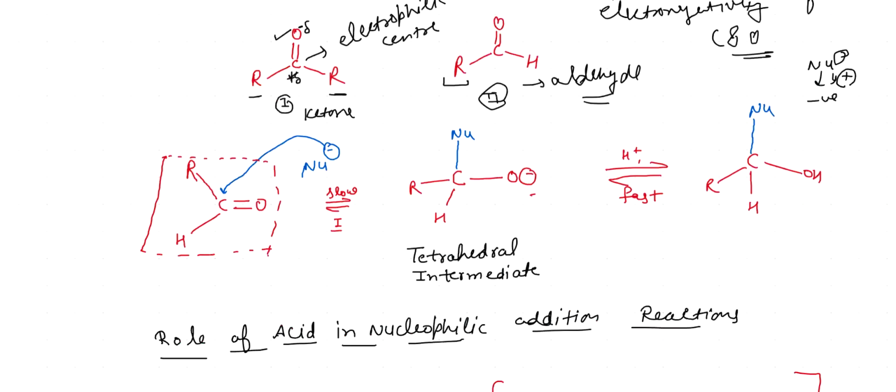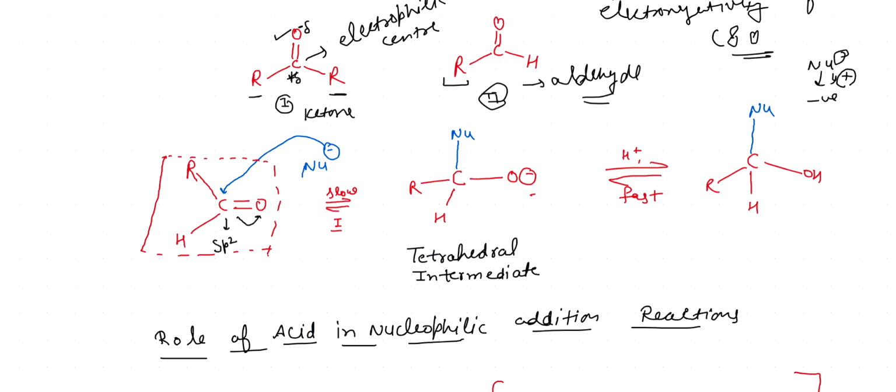When the nucleophile approaches this carbonyl compound, it will be perpendicular to it. Here, the hybridization of carbon is sp2. When the nucleophile attacks this carbon, there will be complete transfer of the pi electrons toward oxygen.